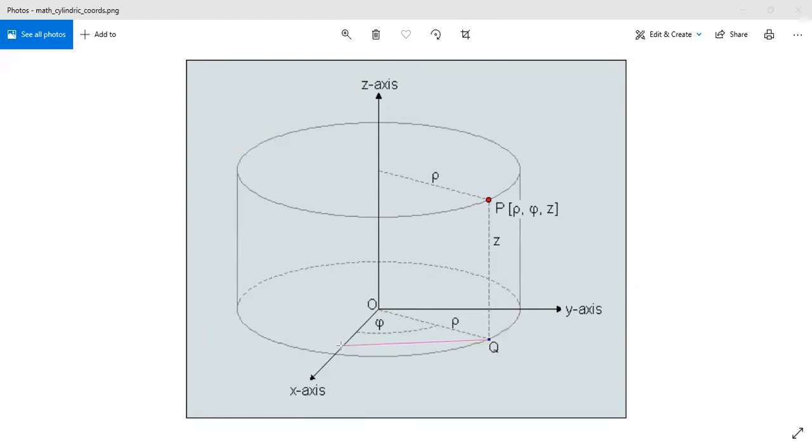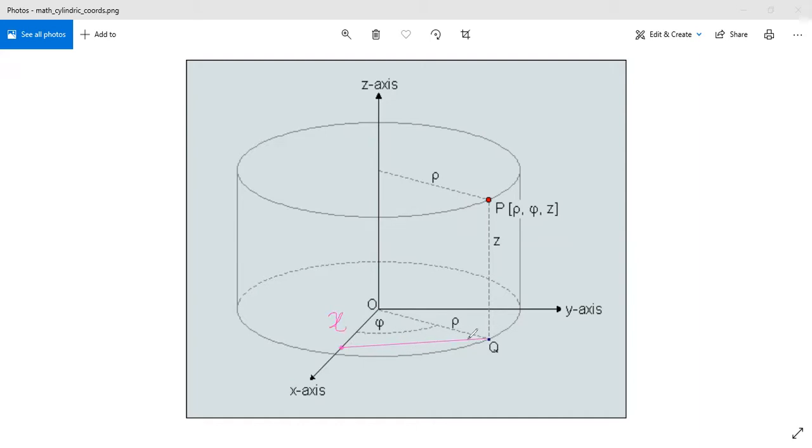And this cuts the x-axis at this point. From O to this is x. I repeat, the line parallel to the y-axis meets the x-axis here. This length is x.